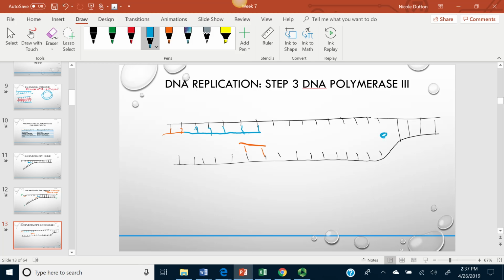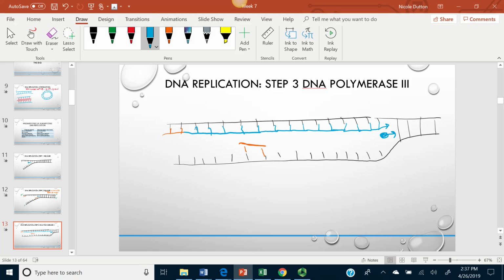So helicase again is traveling in this direction. Now DNA polymerase can come in here and add a new base. And DNA polymerase can keep adding DNA in this direction because that's the direction that this strand happens to be produced in.